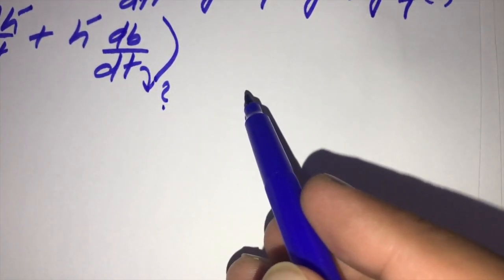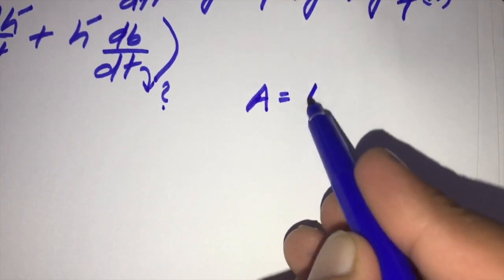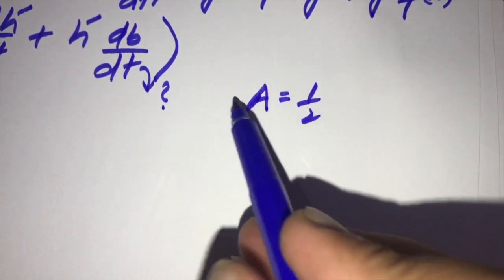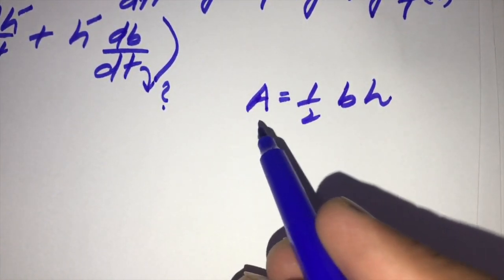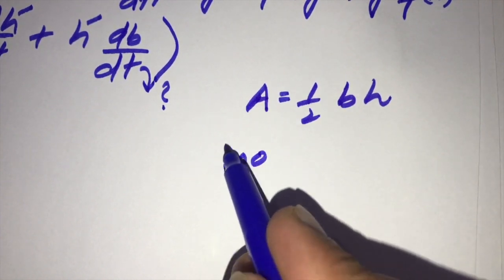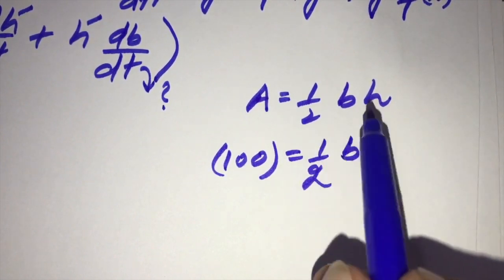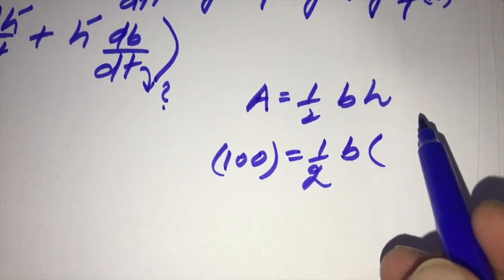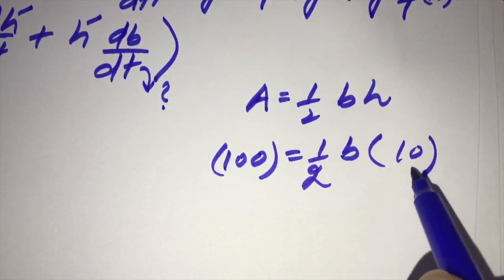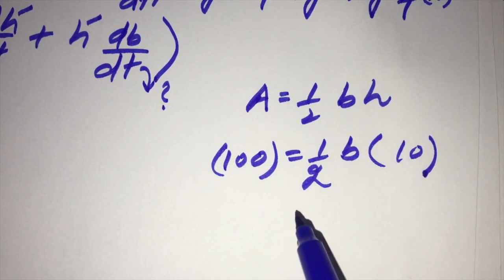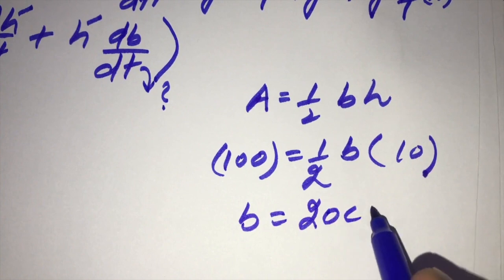In order to find the base, put A equal to 1 by 2 BH: area is equal to 100 centimeter square, and 1 by 2, we have to find the b, and h is equal to 10 centimeter. So when we divide by 10 and multiply by 2, we get b is equal to 20 centimeter.